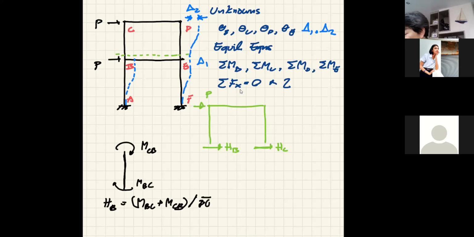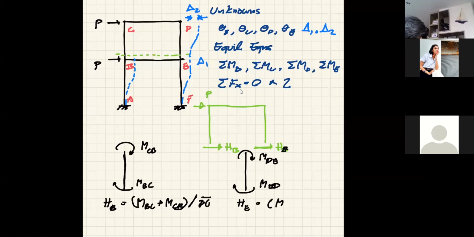Okay, and the next one is, of course, for another column, MDE, MED. So HE is equal to, as usual, MDE plus MED over the length DE.